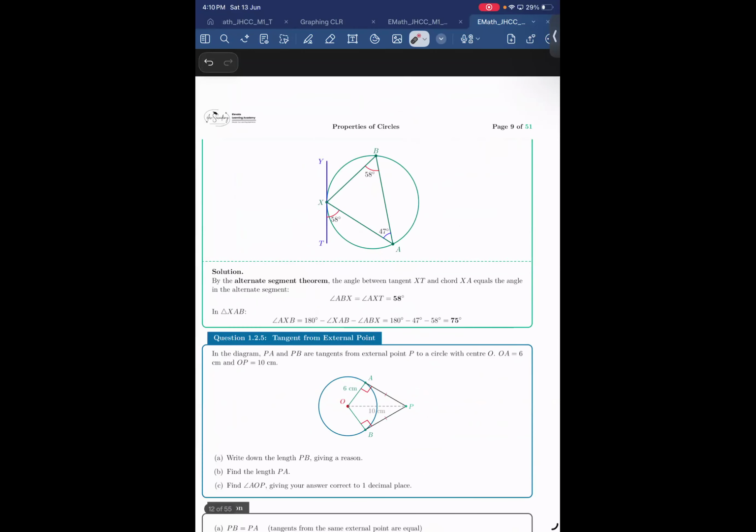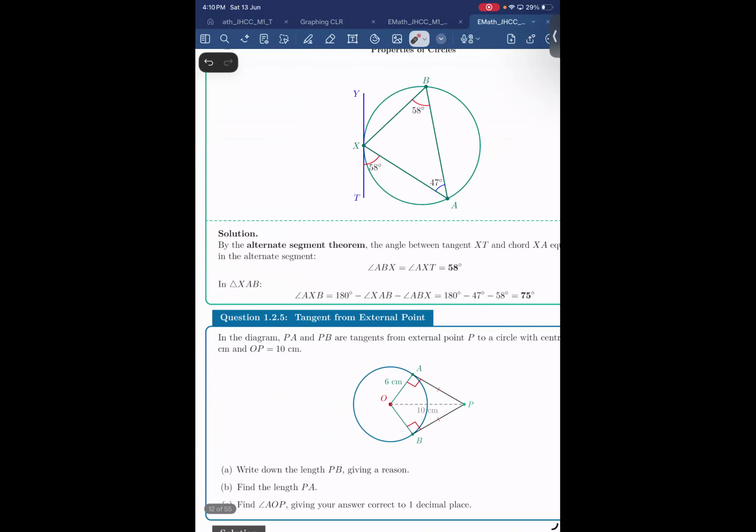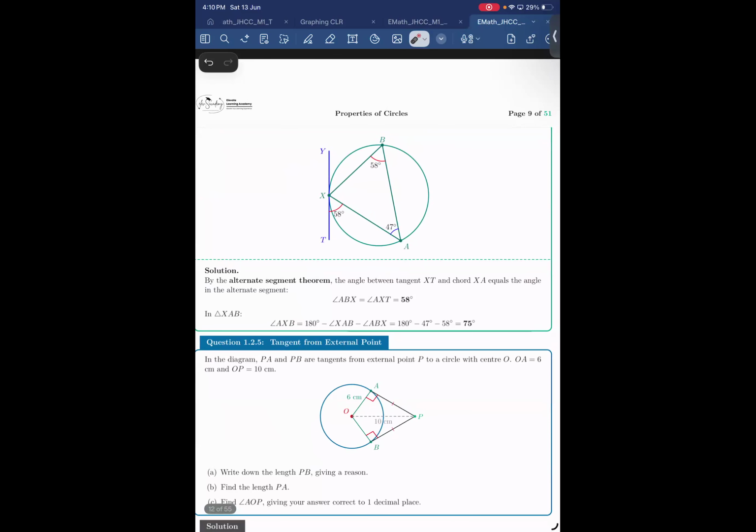So last example of the chapter, 1.2.5. Give this question a try, about 3 to 4 minutes.